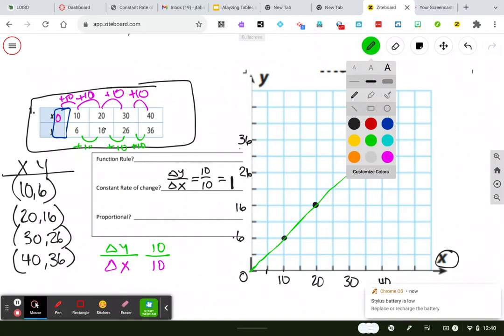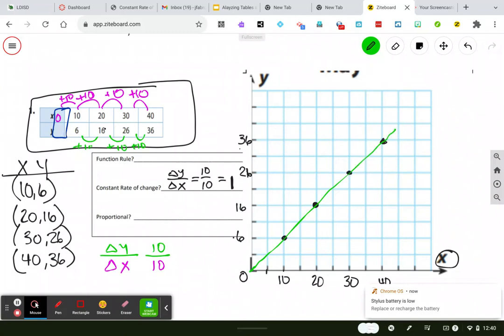If I do the same with the y's, they are also changing by 10. So if I were to complete this, 6 minus 10 is negative 4.